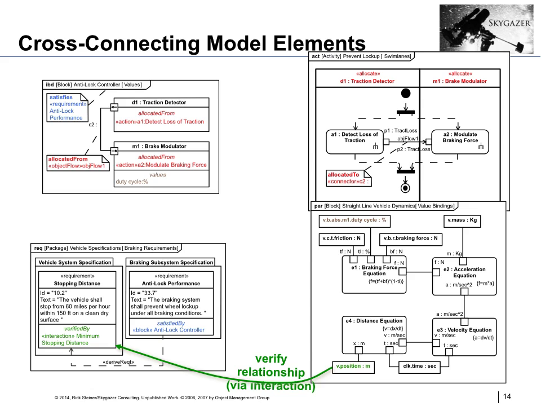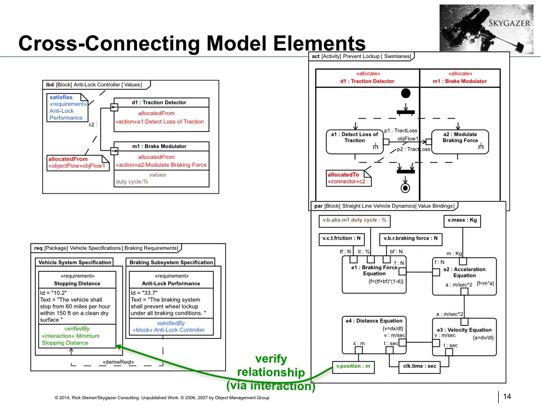The next step, of course, is to say, well, if I can calculate the vehicle's position as a function of the various other parameters on here, we can set a braking force, we can set this duty cycle, we can set the tire friction, we can establish what the initial velocity is, and then we can calculate how long it takes for the velocity to go to 0, and then have a change in position and calculate what the stopping distance is.